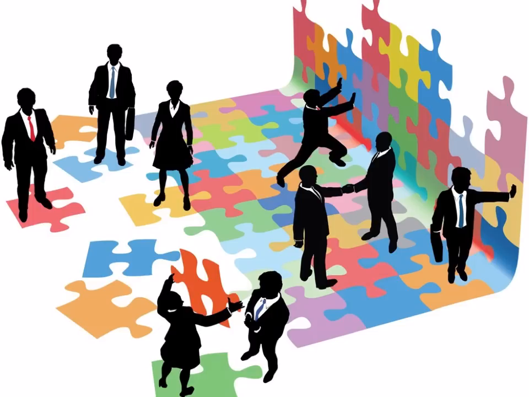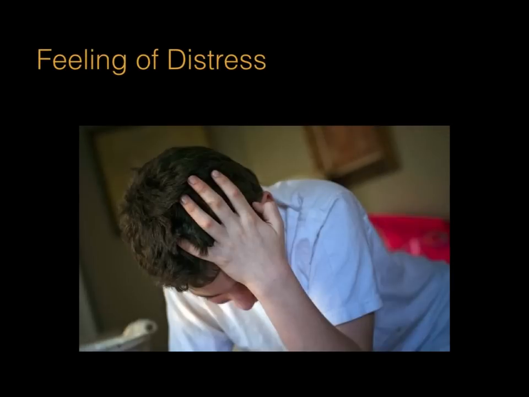Each one of them, you can look at an element of it and go, but there's an exception to that, or that's not always true. So for example, let's look at feelings of distress. If we use the standard of subjective feelings of distress, then anyone who thinks they have a problem automatically qualifies.